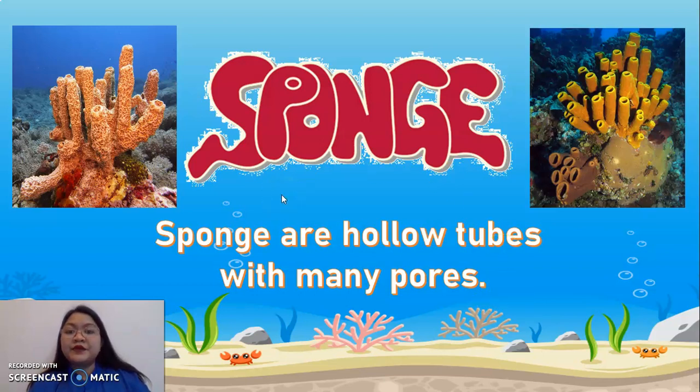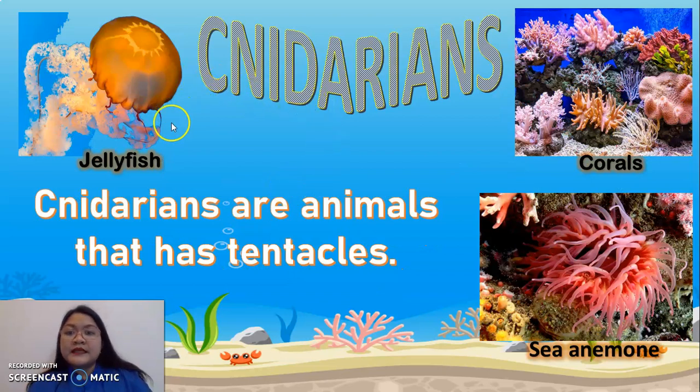Next, number two. So number two, we have cnidarians. Okay, everybody, can you say cnidarians? Okay, very good. So cnidarians are animals that has tentacles. Again, cnidarians are animals that has tentacles. When we say tentacles, these are like arms, long arms, many long arms.